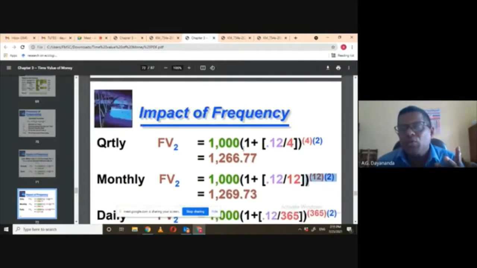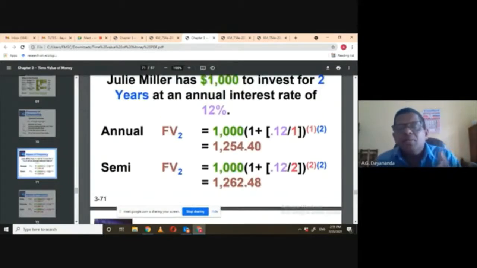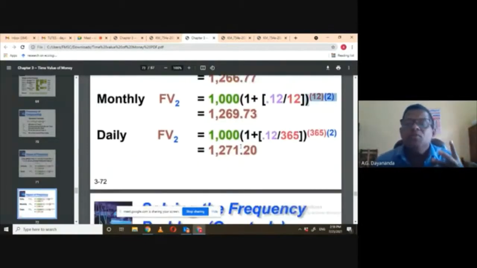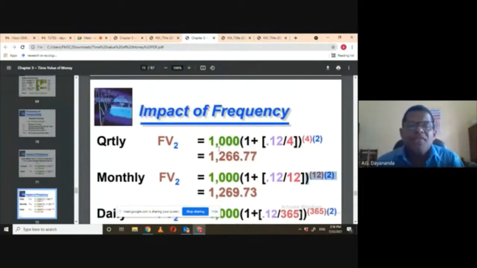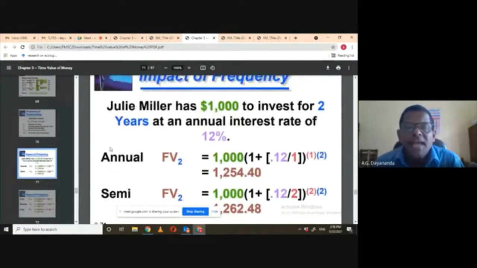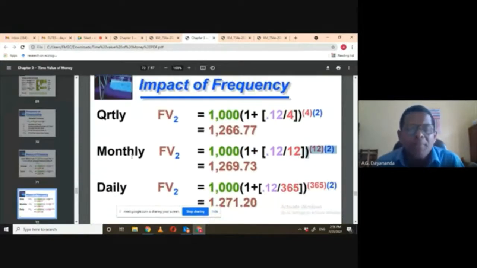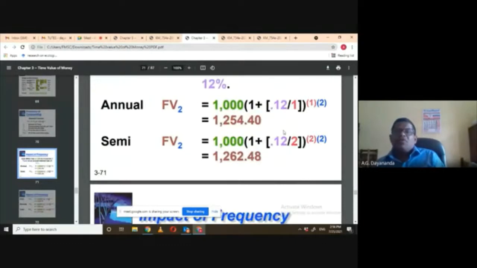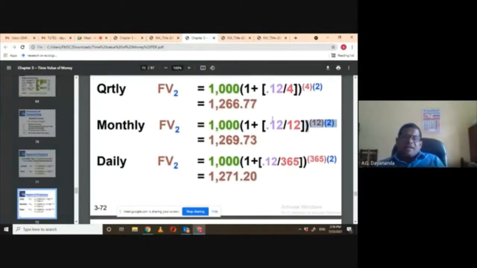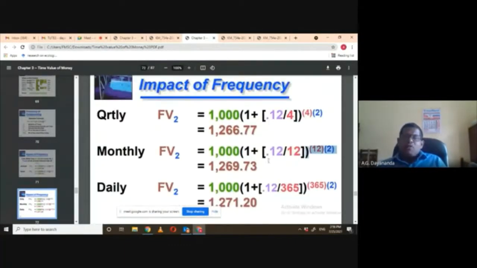So what we are going to tell you is that the higher the frequency, the higher the future value. So if 5 or 6 banks offer annual compounding, semi-annual compounding, quarterly compounding, monthly compounding, daily compounding, there are several alternatives for you to invest your money. Where do you go? We go where the compounding frequency is the highest.